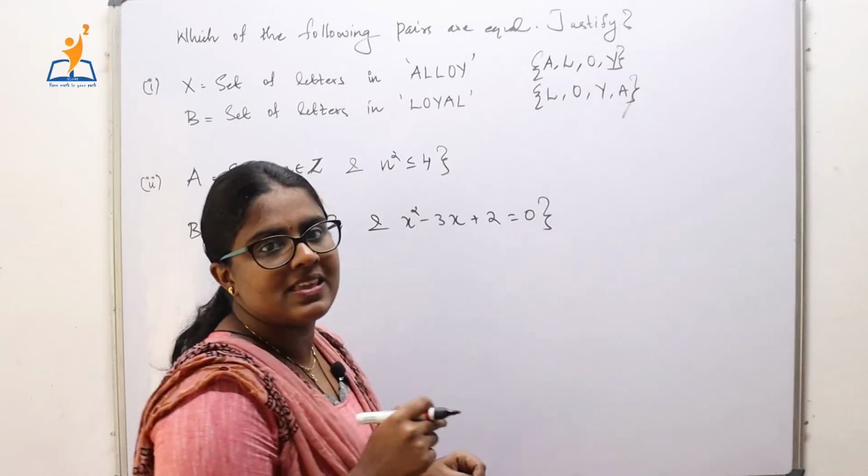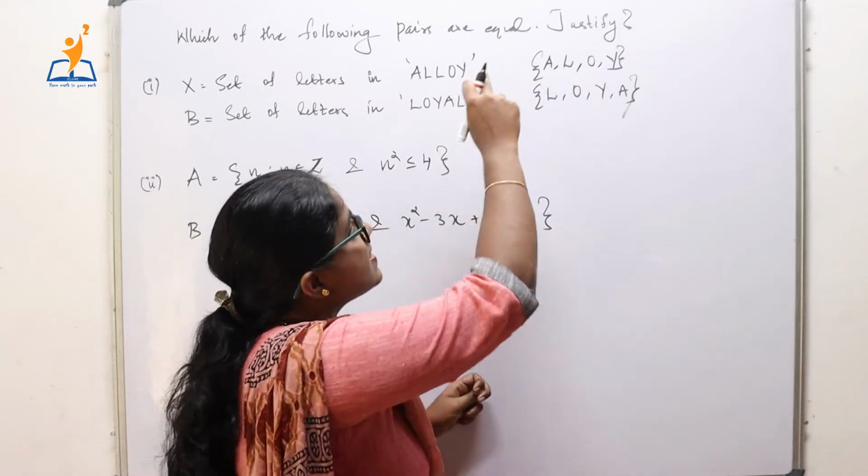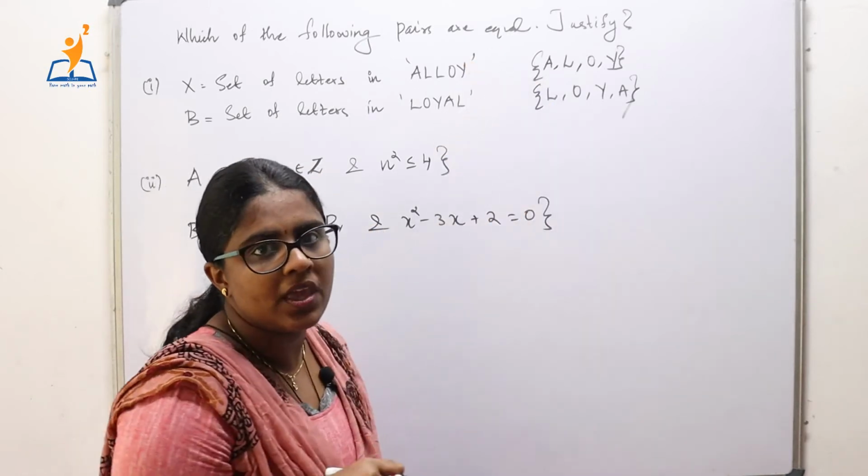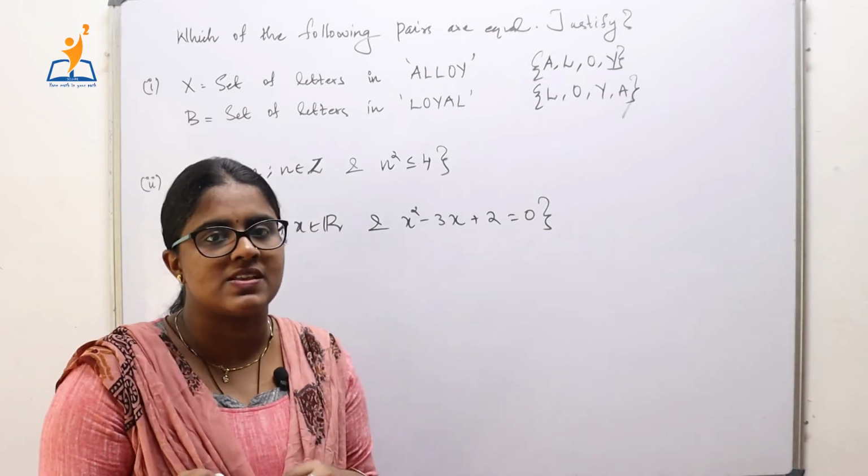Now are these sets equal? We have to check whether set X equals B or not. How will we check two sets are equal?